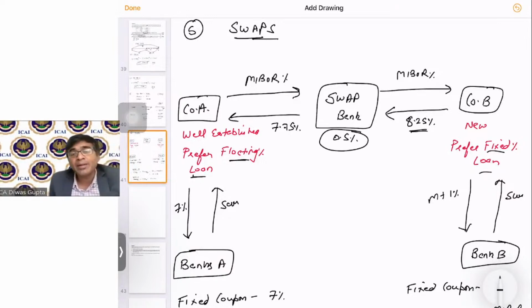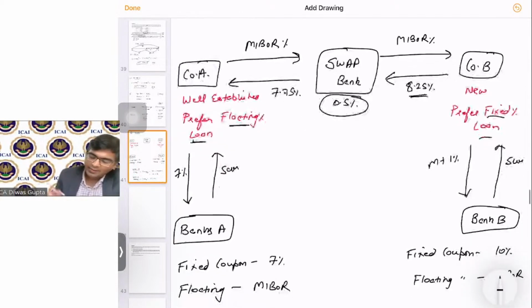The swap bank will keep it with him as a commission of the swap, and ultimately the transaction is executed as a swap. Now, ultimately, what will happen? We will see it through the calculations. But you have understood the flow, how the flow will look.